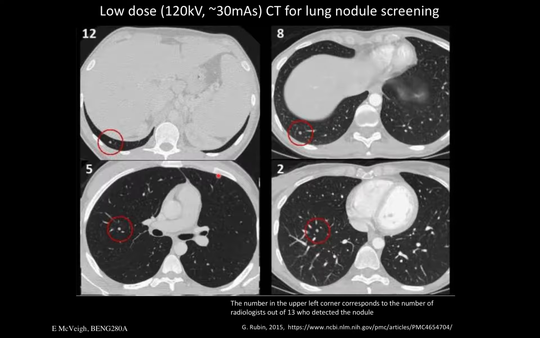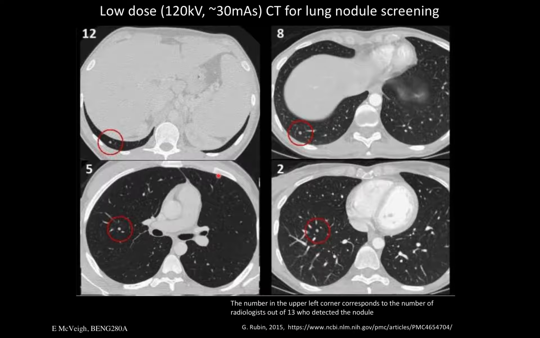For people who don't smoke, it doesn't make a huge difference if you do these screens, because the frequency of lung cancer nodules is so low.